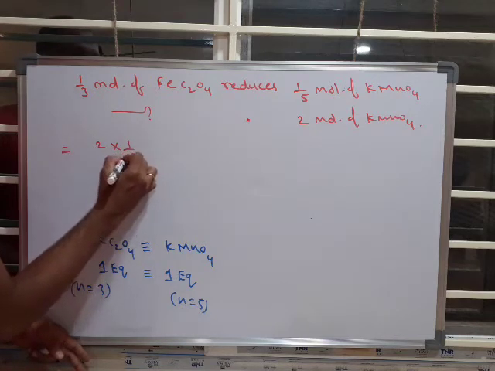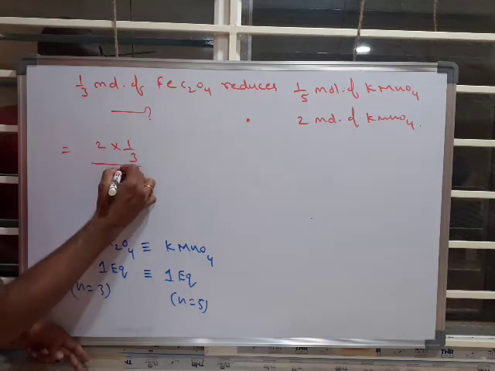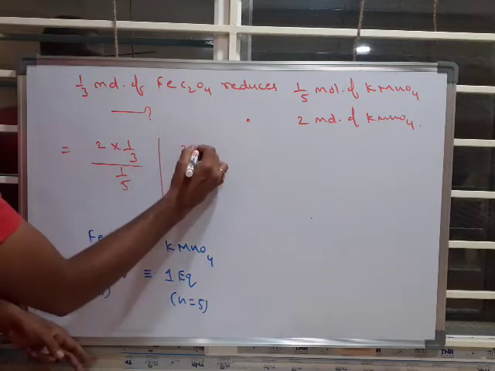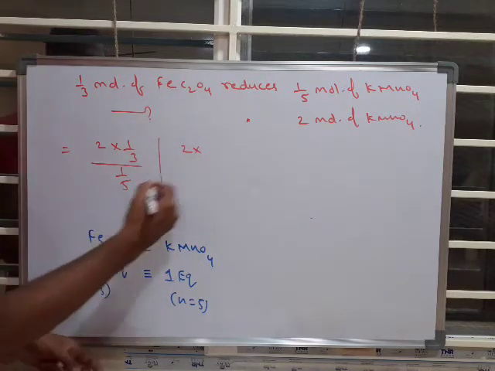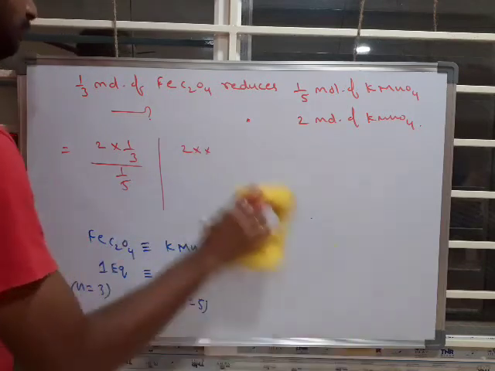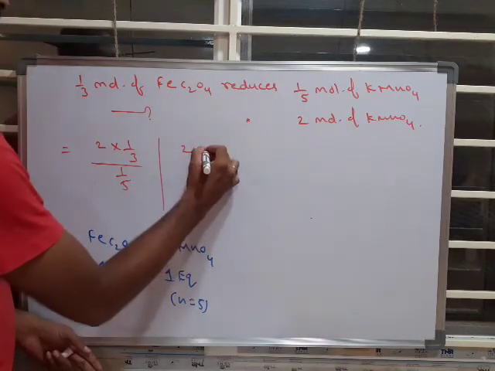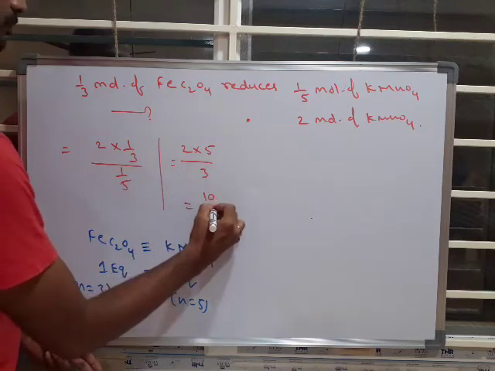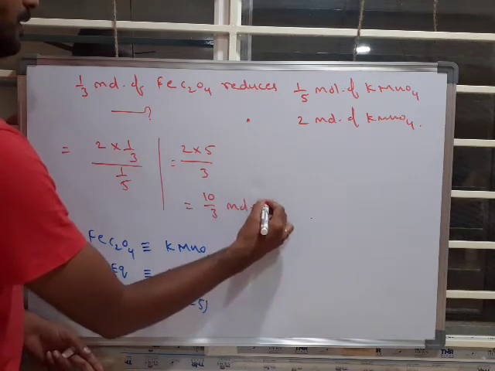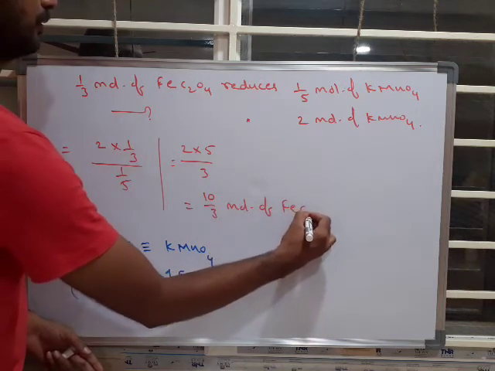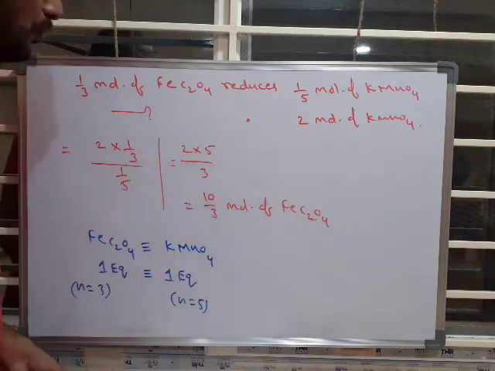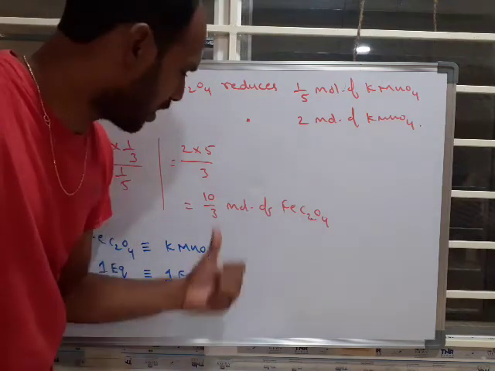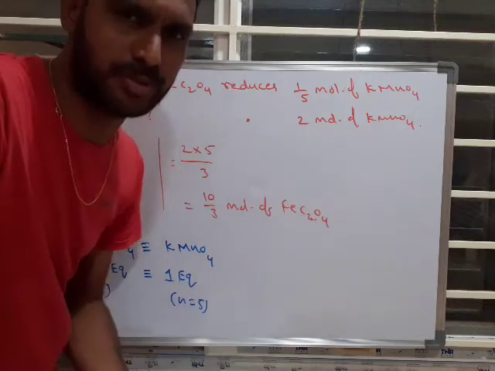So 2 into 1 by 3, divided by 1 by 5, gives the overall calculation: 10/3 moles of FeC2O4 is required to reduce the given potassium permanganate. So the answer we can simplify based on its options.